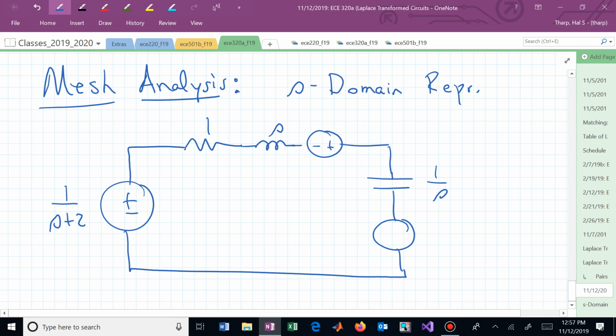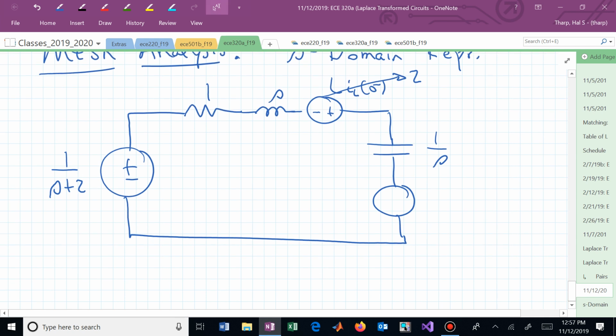This was L I sub L of 0 minus, which those two together combine to give me a 2. Just as a reminder that this is L scaling the initial condition. It looks like just the initial condition because the scaling is 1. And what's the other one? Now I have plus minus, and this is V sub C of 0 minus over s. And this was 10.